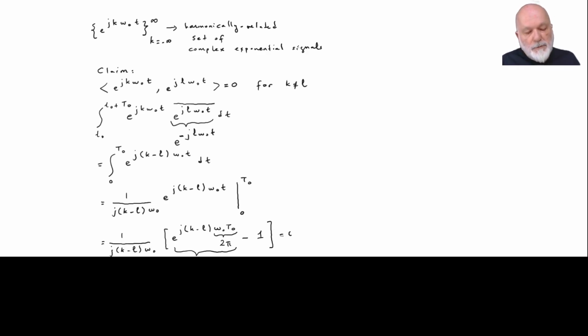Therefore, the result of this integral is 0. Therefore, we have obtained a very important result. The set of harmonically related signals e to j k omega 0 t, k running from minus infinity to plus infinity, is an orthogonal set.